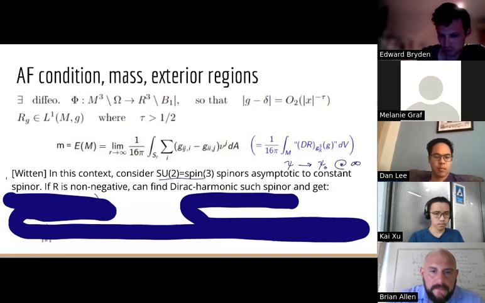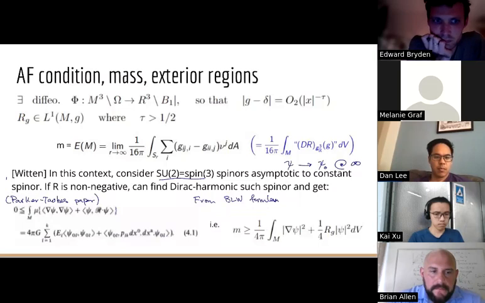And then what he showed is, if you have such a Dirac harmonic spinor, which you can find if scalar curvature is non-negative, then, okay, here's a Parker-Taubes paper that people usually read in place of Witten's paper.